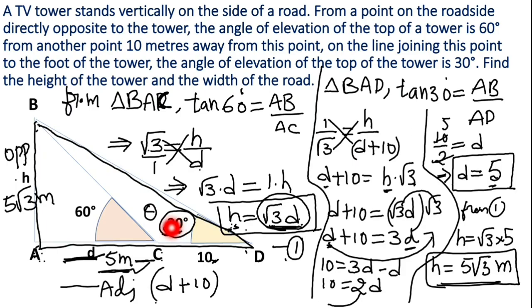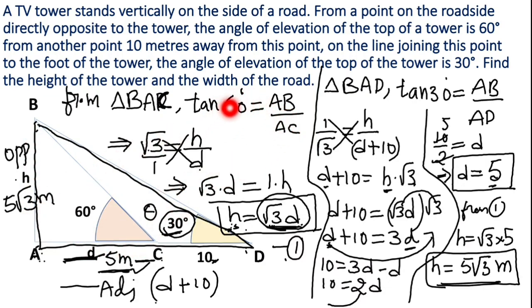So here clearly, by seeing the diagram, we can understand that there are two right angle triangles. One is BAC and another one is BAD. First consider triangle BAC. From this triangle BAC, we know that AB becomes opposite, AC becomes adjacent. So tan 60 degrees is nothing but opposite AB by adjacent AC.